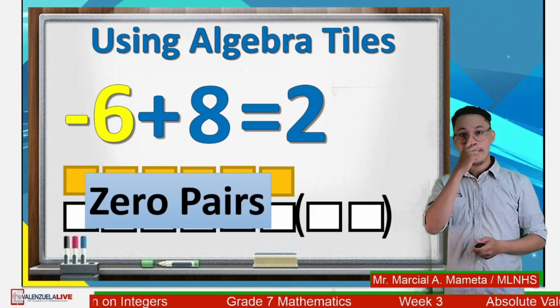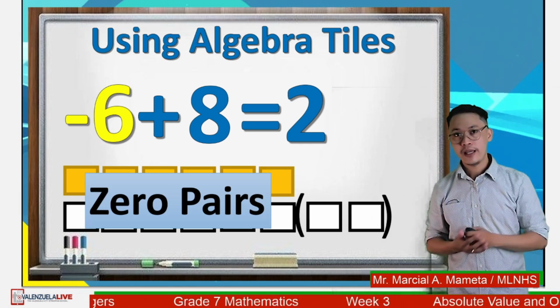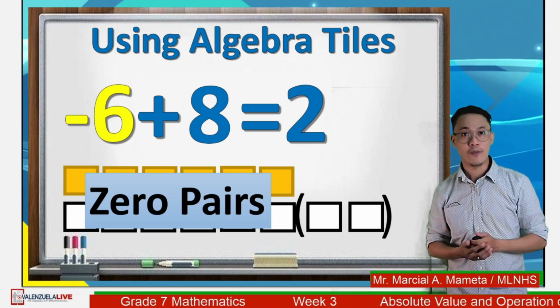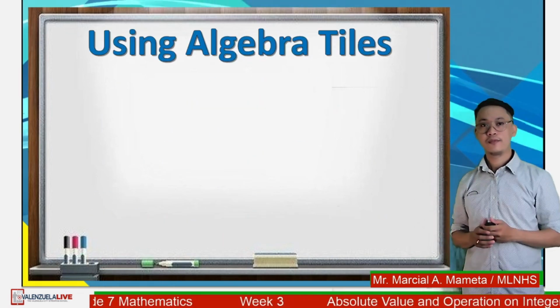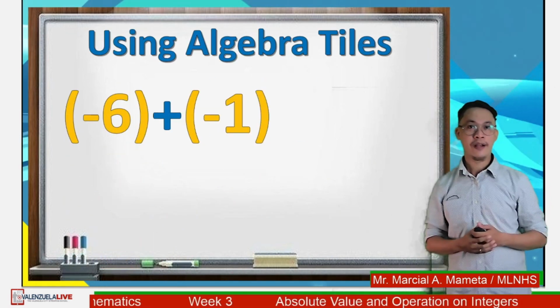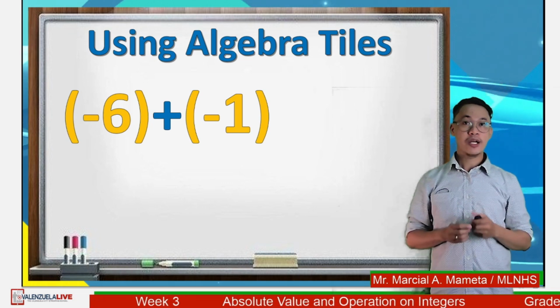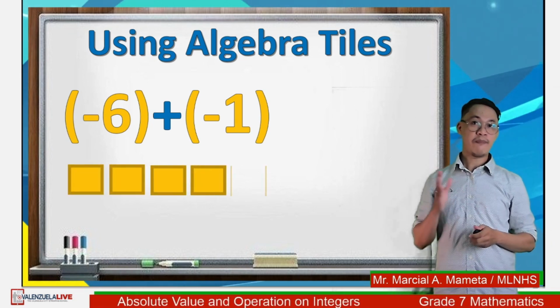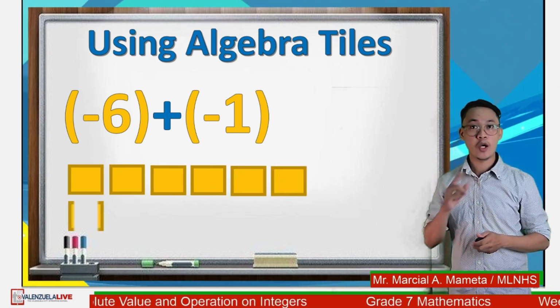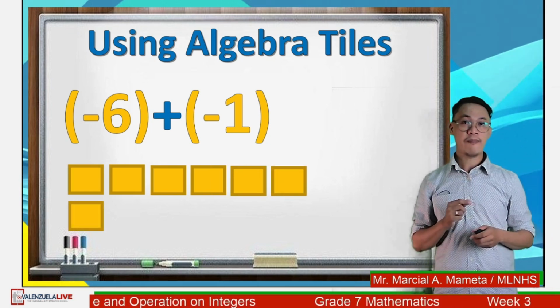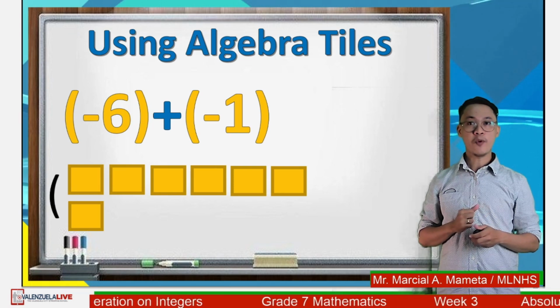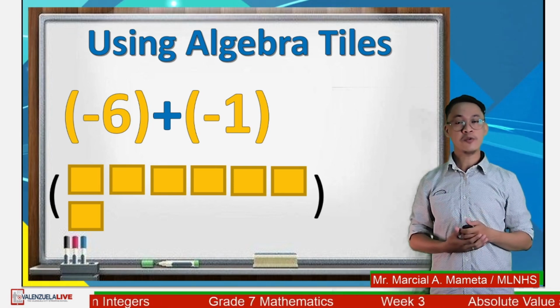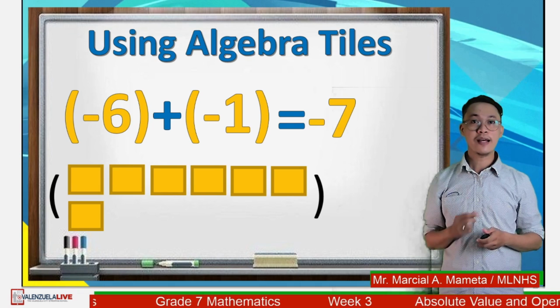So therefore, negative 6 plus 8 is equal to positive 2. How about this one? Negative 6 plus negative 1. So we have 6 yellow tiles represent negative 6 plus another 1 yellow tile represent negative 1. So therefore, the total of these yellow tiles is equal to negative 7.